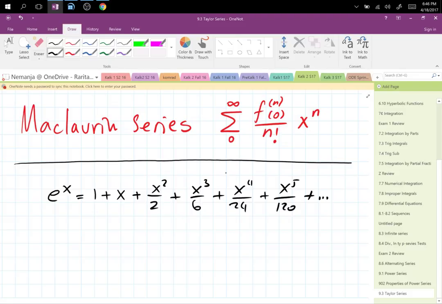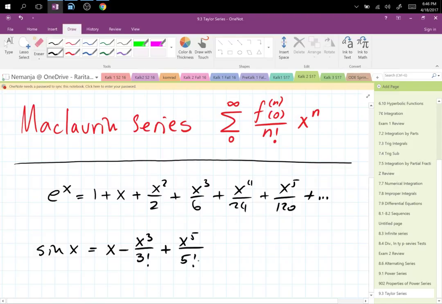So, Taylor series, again, you have the sine of x, which we said was x minus x cubed over 3 factorial plus x to the 5 over 5 factorial. I did this one in class. Minus x to the 7 over 7 factorial plus and so on. And you can condense this into a power series.